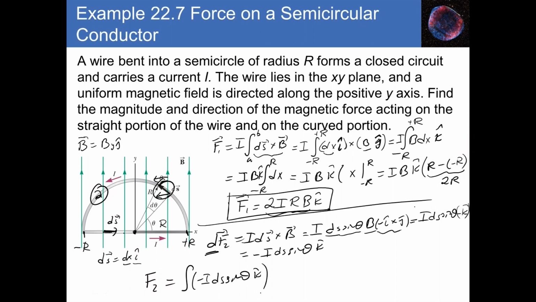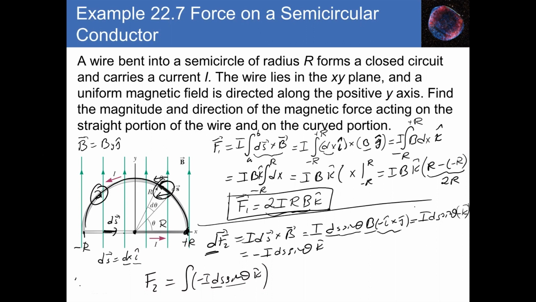Now, what I'm doing here, you can see, I have ds and sine of theta, and obviously theta is changing, going from here to there. There are two things I can do. I can either leave it in terms of ds and do it as half a circumference, or I can do a substitution.